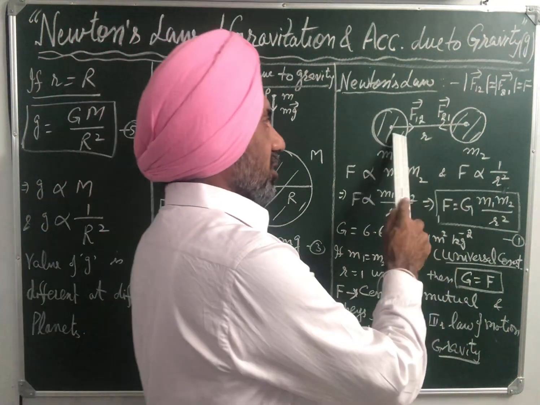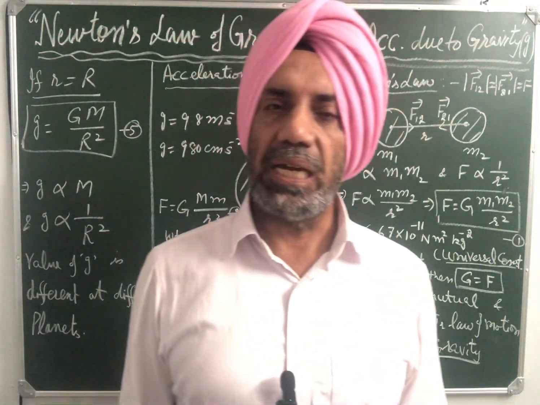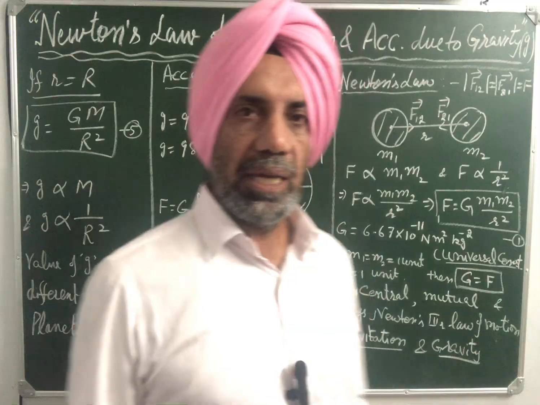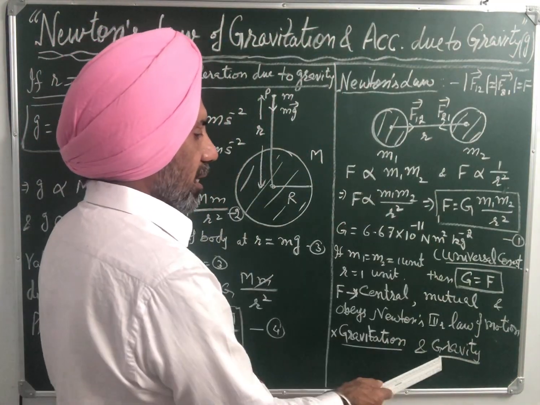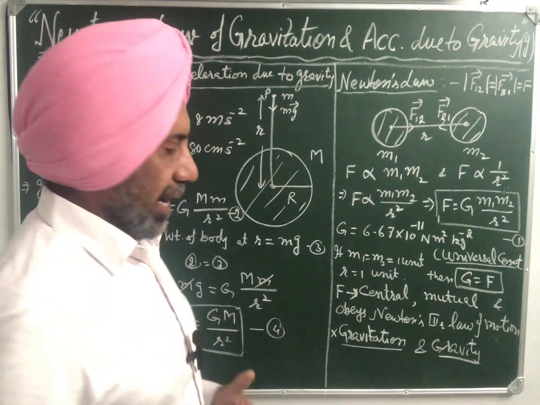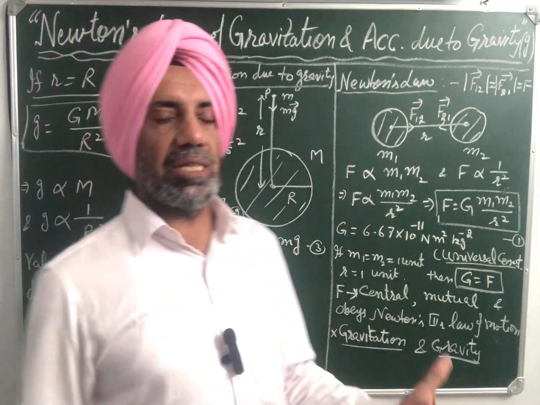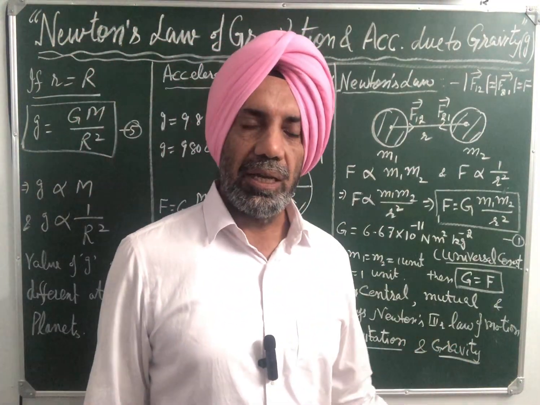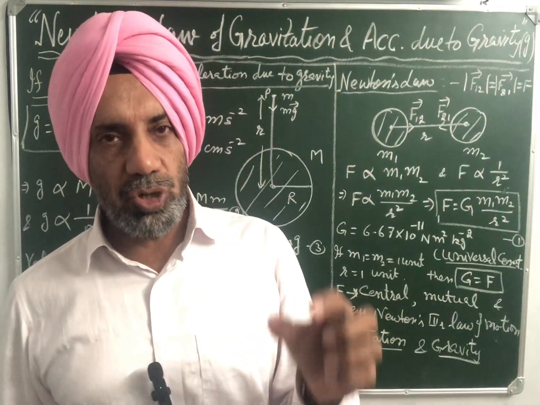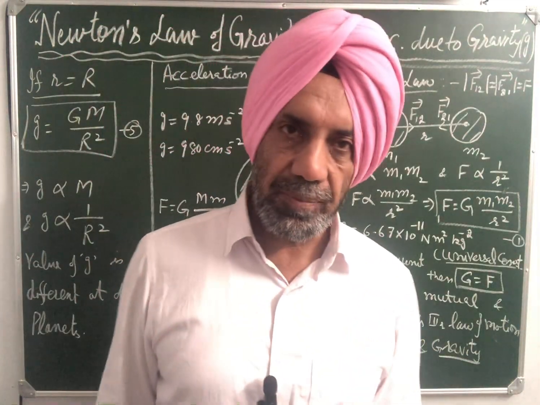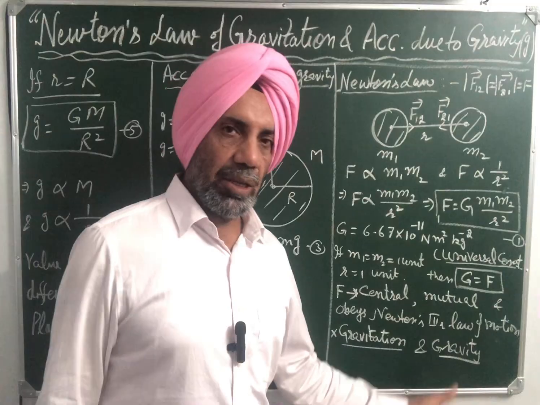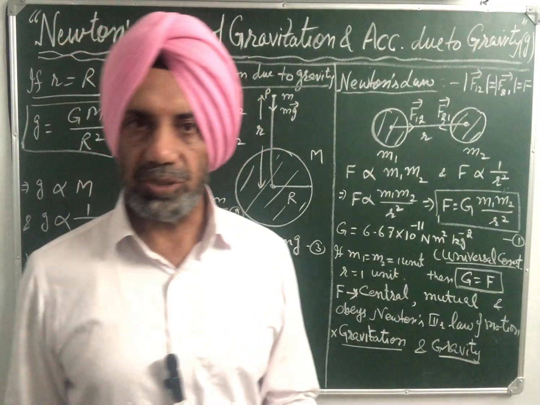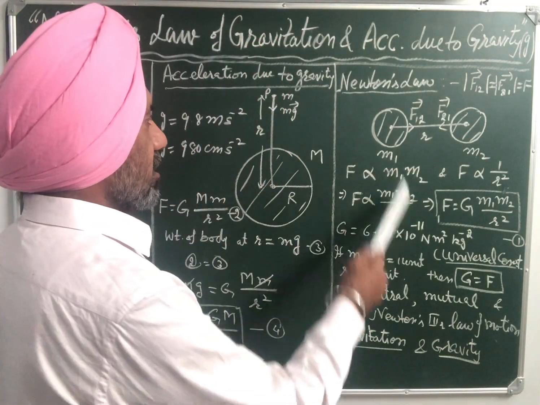If one of the bodies is Earth, and the other is any material body, then that force is known as gravity. And force between any two material bodies is known as gravitation. This is the difference between gravitation and gravity. So gravitation means force between any two material bodies. Gravity means when one of the bodies is Earth. So then the force is known as gravity.